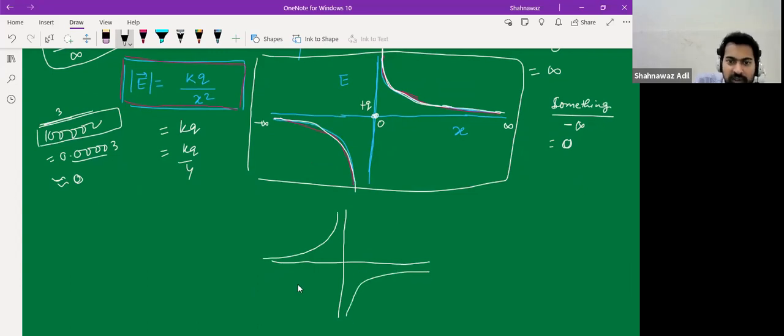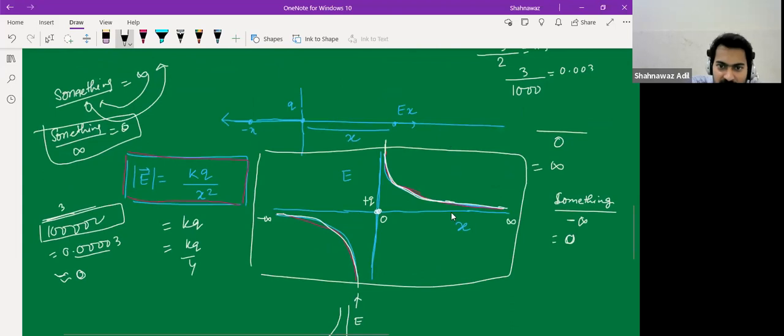So this is for the negative charge. This is E and this is X. So this was the variation of electric field in the X direction. Did you note down this part?